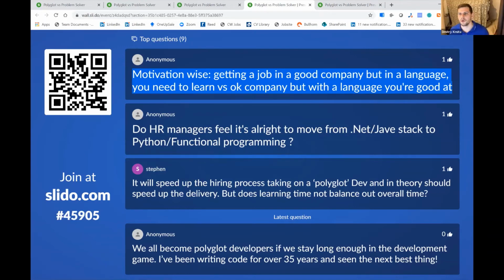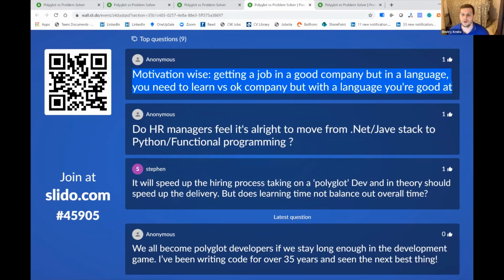Okay, first of all, you need to define for yourself what you mean by good company and okay company. So I'm guessing from their side they might mean a big brand company, like everyone's got a couple of dream companies that they want to work for. So using a football analogy, maybe looking to join City or joining Burnley.